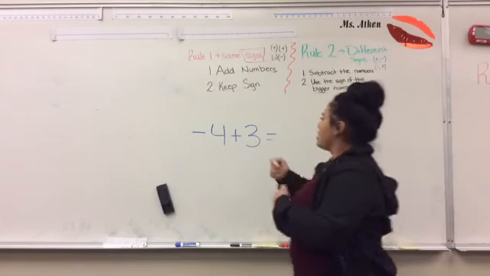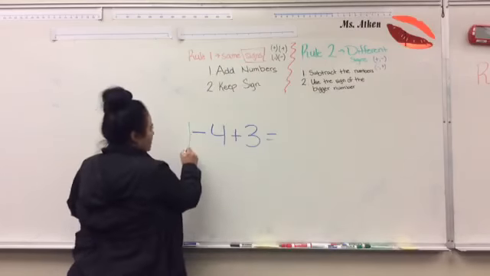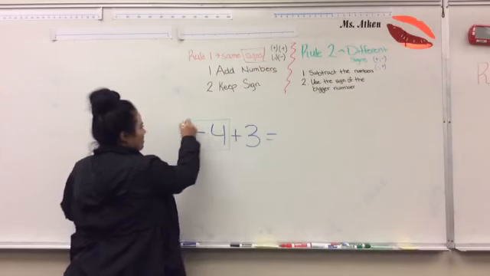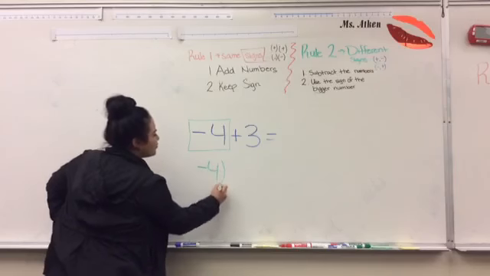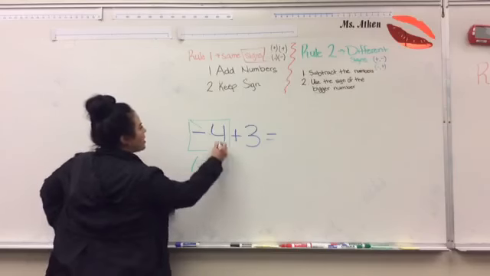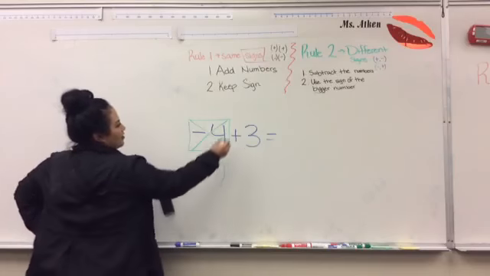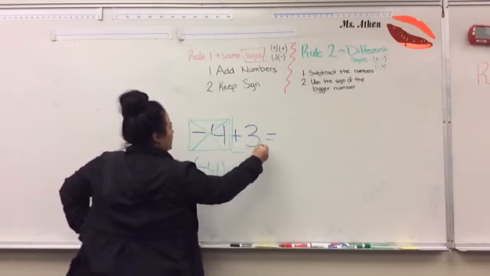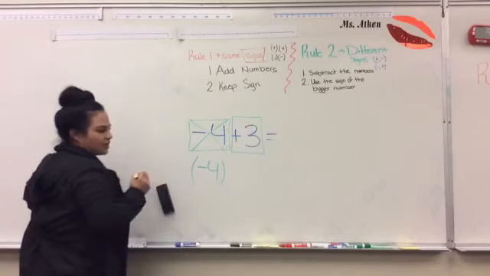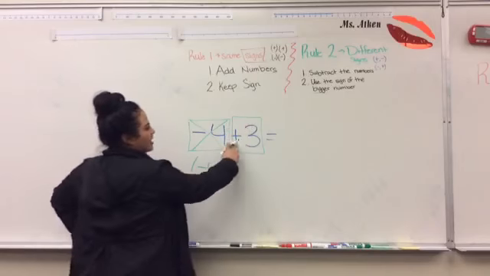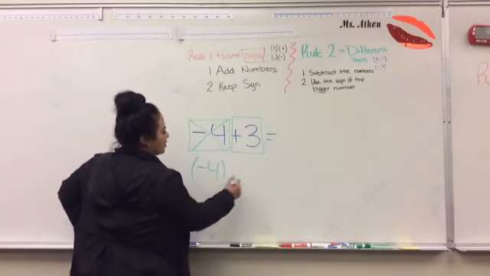Here's a negative sign, and there's a number right next to it. So that means this is -4. That negative sign belongs to the 4. And I'm going to use parentheses for my eyes. Now, there's a +3, because it's a positive and it belongs to the 3. If the sign is right next to a number, it belongs to it.